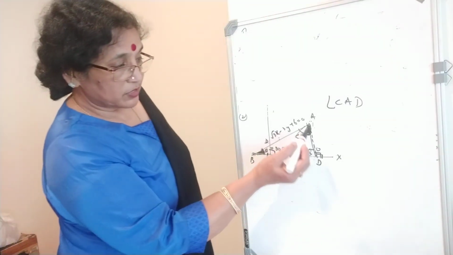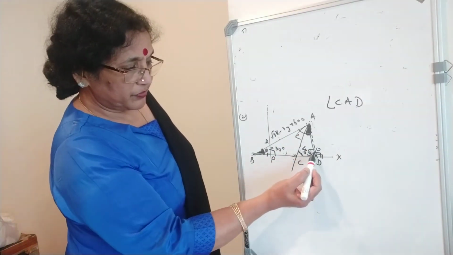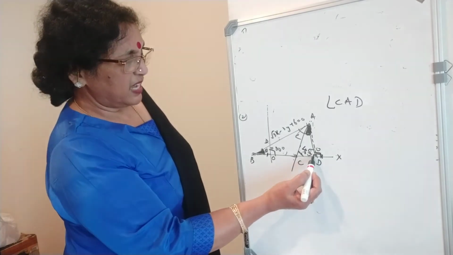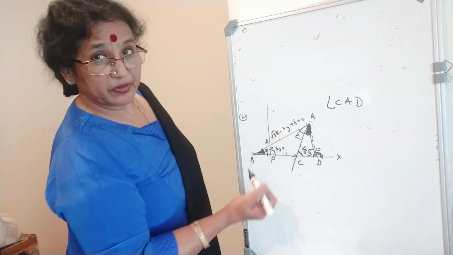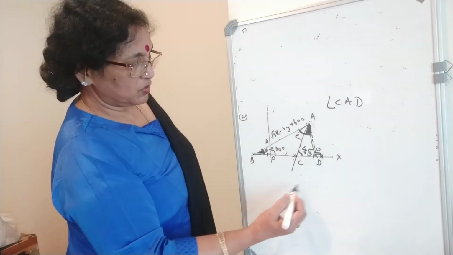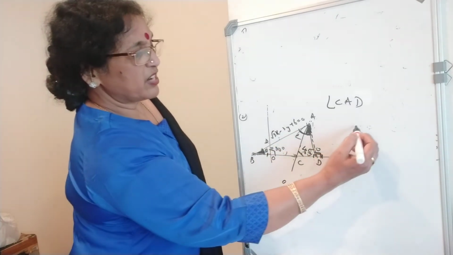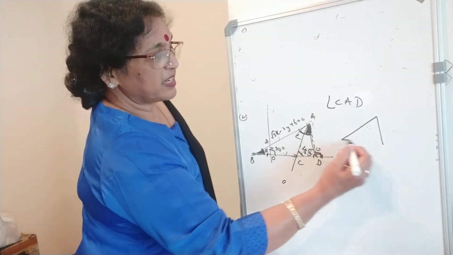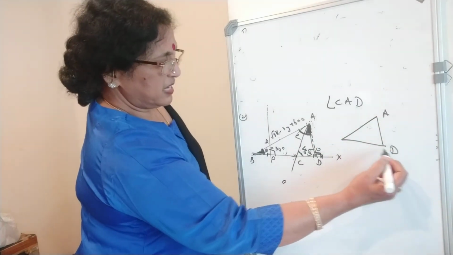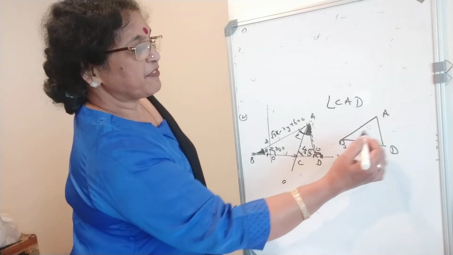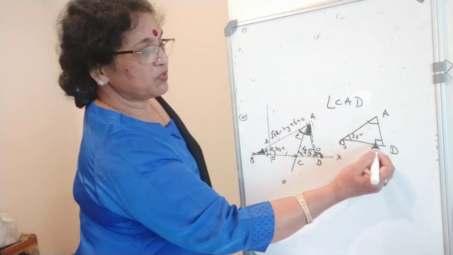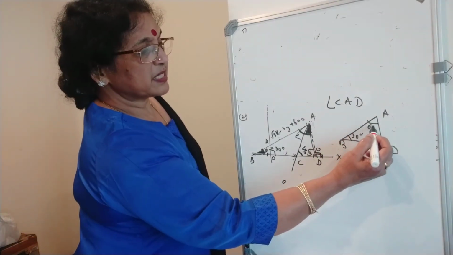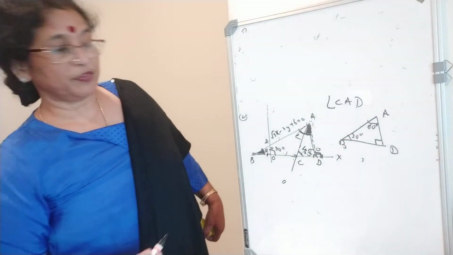So this angle is very easy, because this is 90, this is also 90. 90 plus 30 plus alpha, you got alpha, or this whole angle. In triangle ADB, I am finding this angle first. This is 30 degrees, this is altitude 90, so this will become 60, by the sum of angles of a triangle.